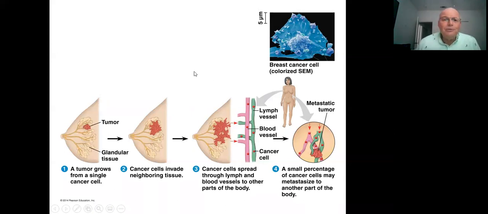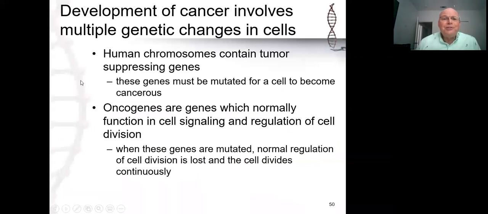Well, as you might expect, there are genes that are responsible for identifying cells that are becoming potentially cancerous. These are referred to as tumor suppressor genes. There are also genes that are involved in regulating the cell division process, primarily those that are involved in the external growth factor mechanism, that can also get altered.